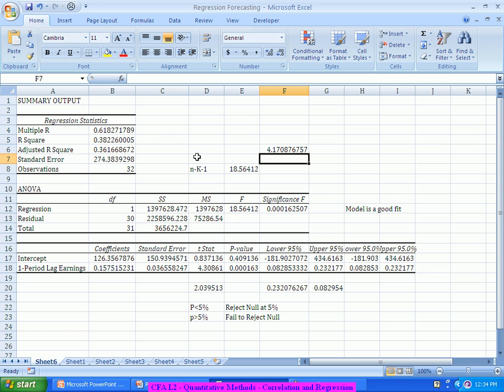And out of this, a couple more calculations which we do generally is arriving at R squared, which is nothing but the regression sum of squares divided by the total sum of squares.